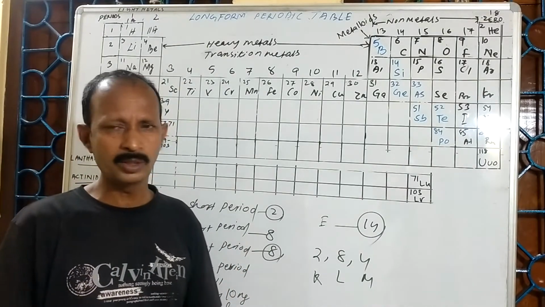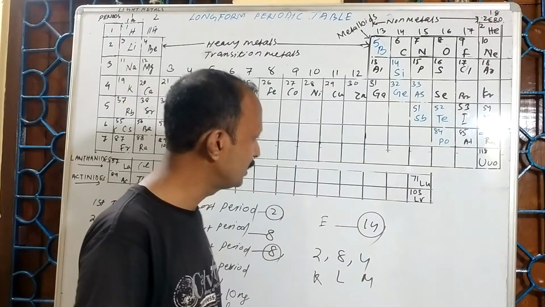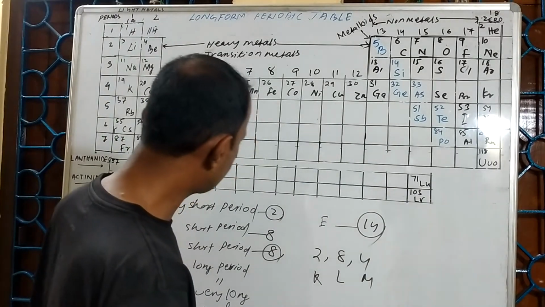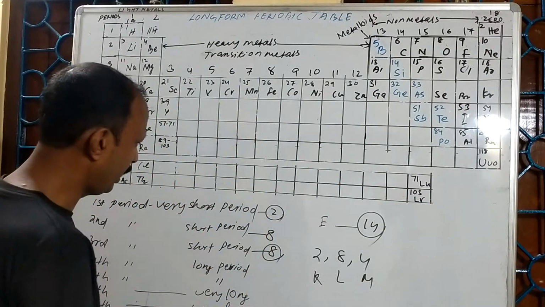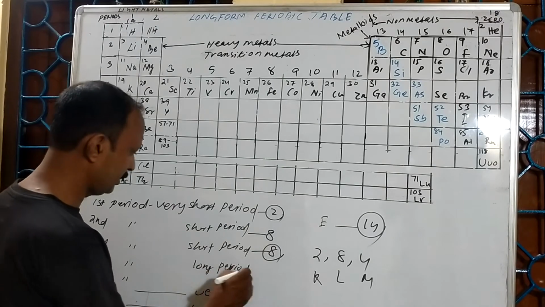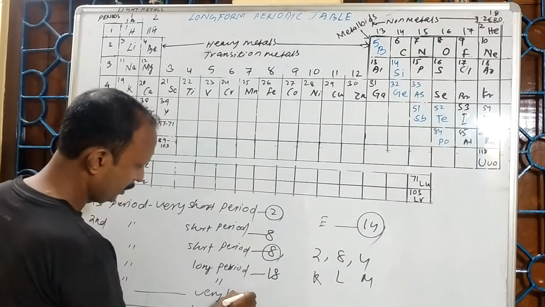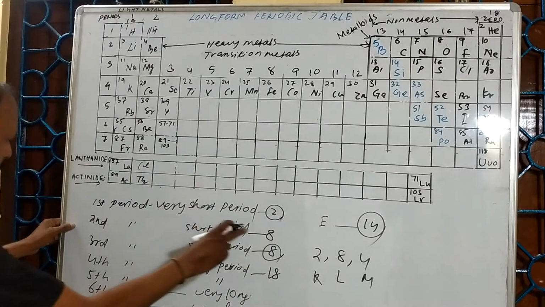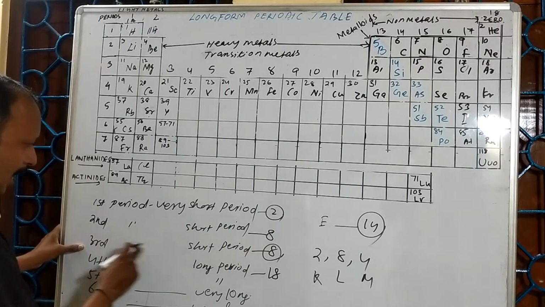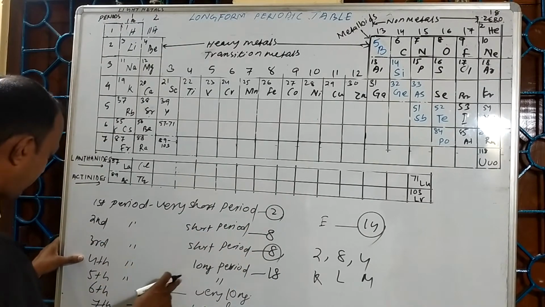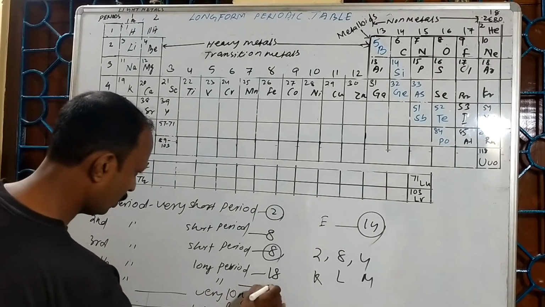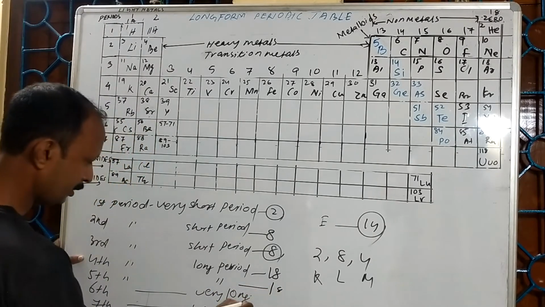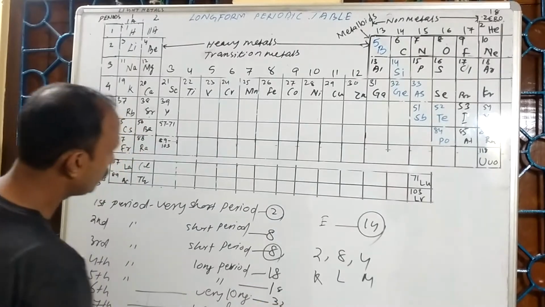So this is about how the elements are arranged in periods. Similarly, this one contains 18. So first period 2, second 8, third 8, fourth 18, fifth also 18, sixth one 32.